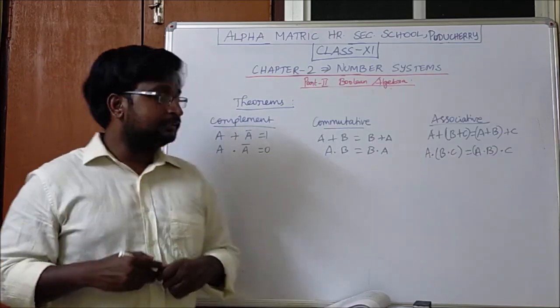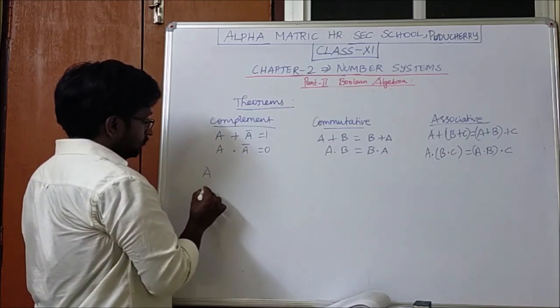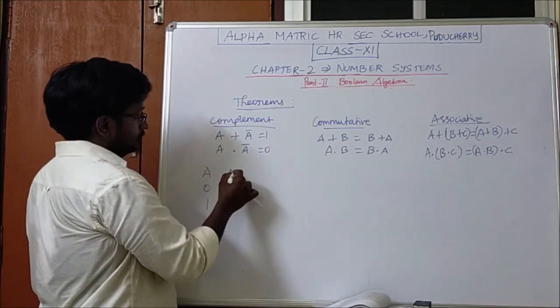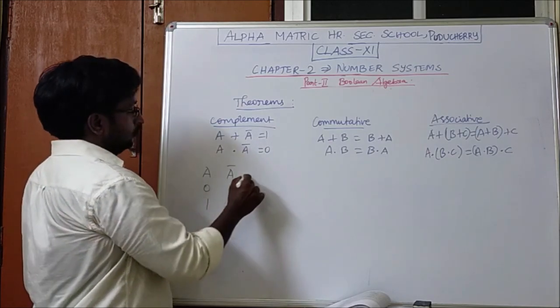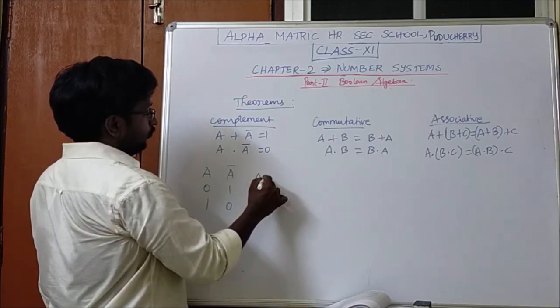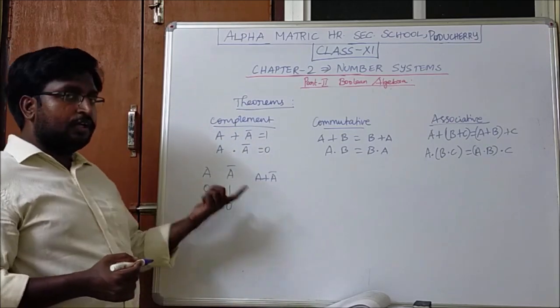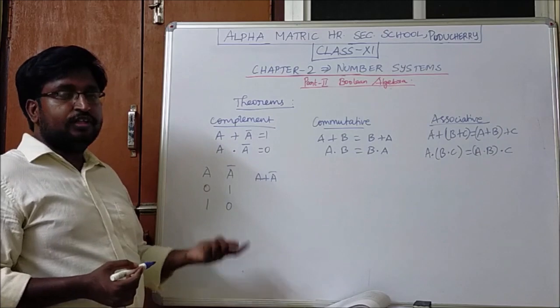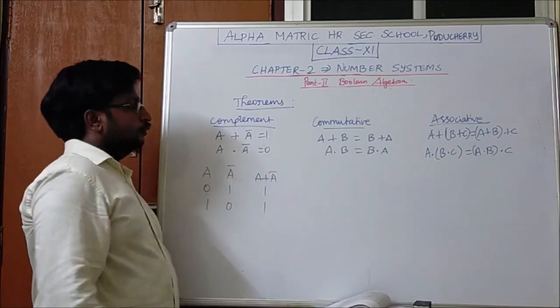The next theorem is the complement theorem. Here you see the truth table is 0, 1 and the inverse is 1, 0. If you add both these, that is the OR operator, if any one input is true the result is true. So for both it is true.